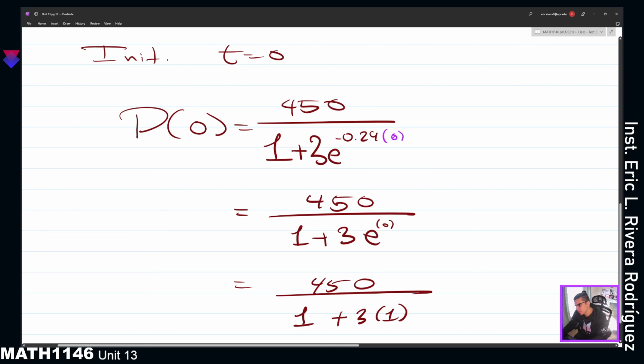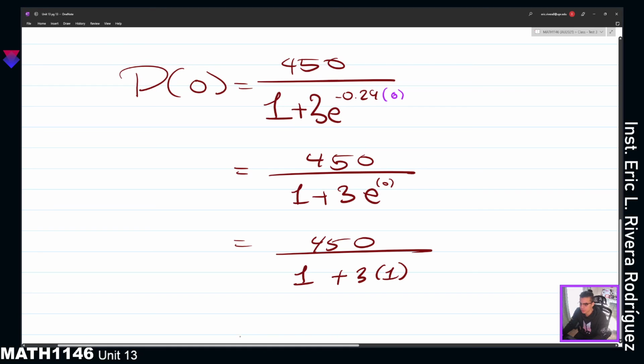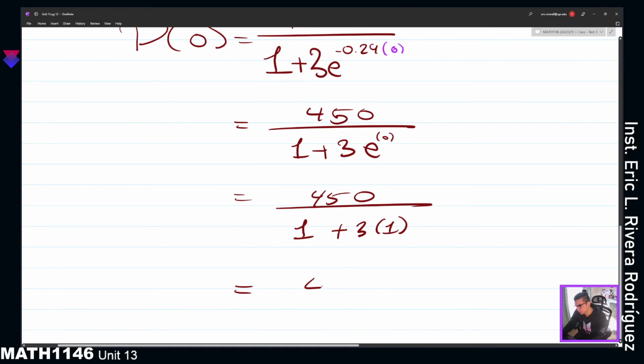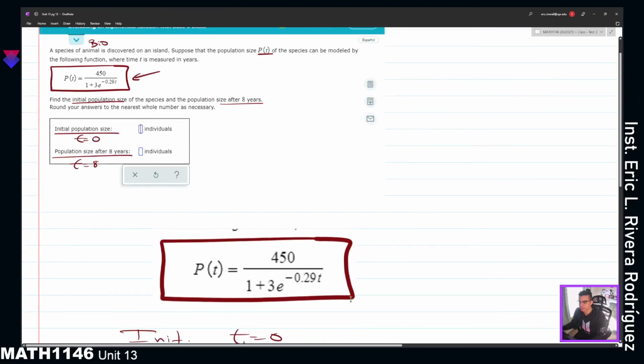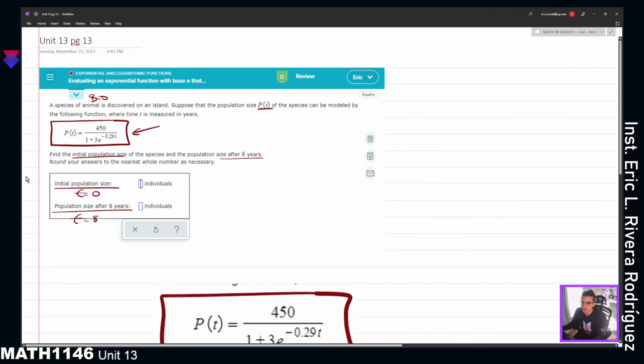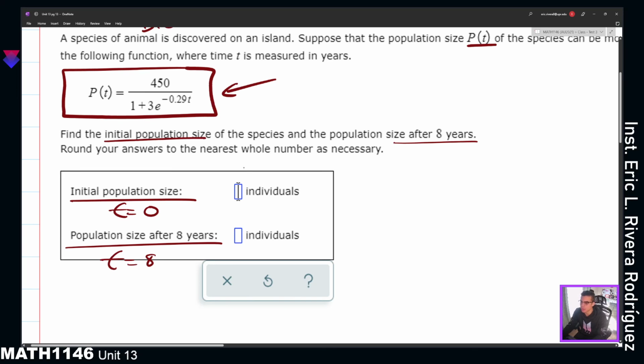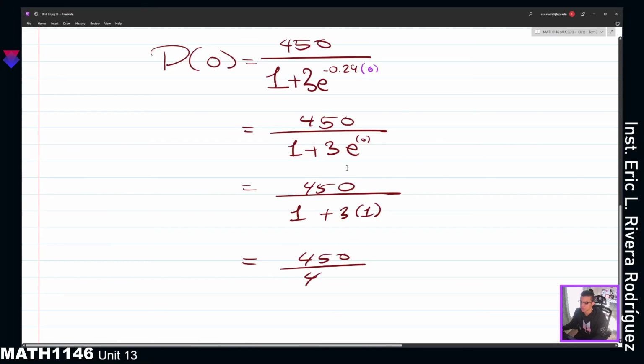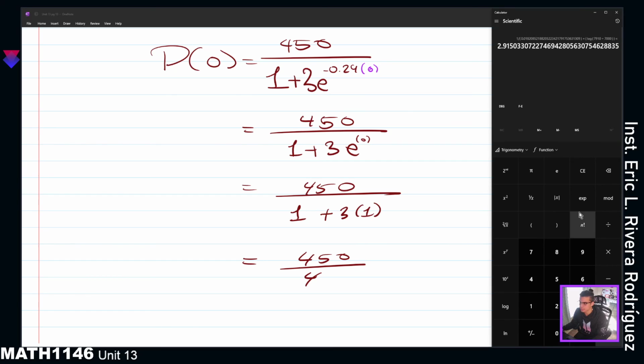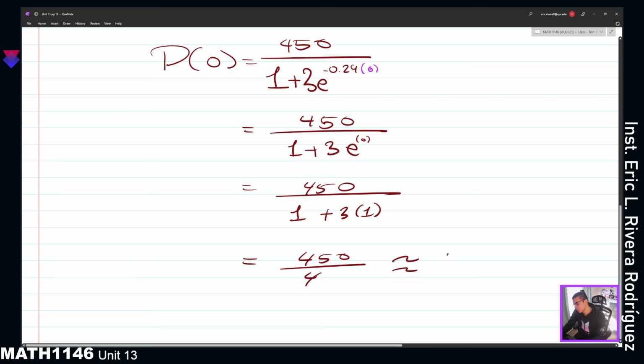Three times 1. So it means 450 over 4, and that's the initial amount. Do we need to round? Let me see. Round your answer to the nearest whole number. Whole number. So we do this division. So it would be 113.